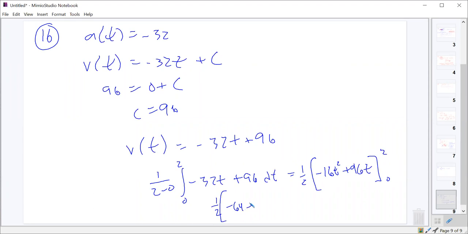Negative 64 plus 192, which is half of 128. So 64, I assume feet per second based on our accelerations. Everybody good there with 16? Any questions on 16? Nope.